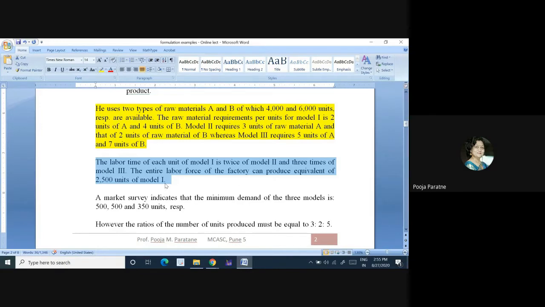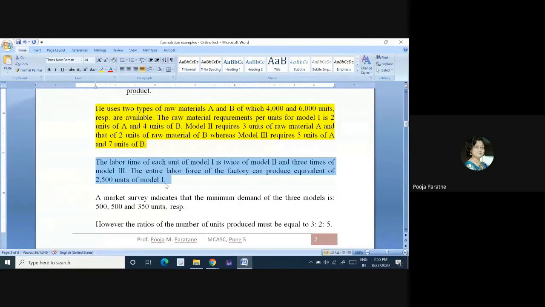So we get the total time from this sentence, and as they are discussing model 1, we have to define the time for model 1, and according to that we will find the time for model 2 and model 3.